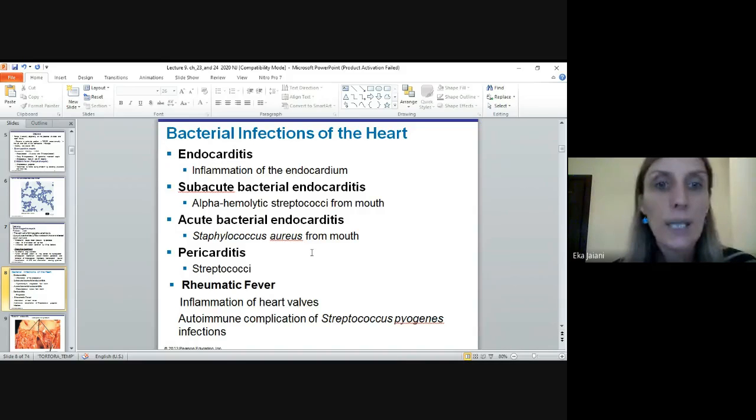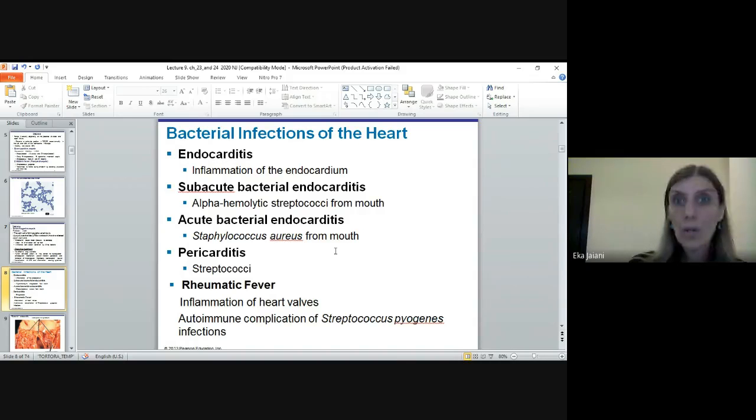What happens in this case is that when a dentist removes a tooth, bacteria such as the viridans group of streptococci, alpha hemolytic streptococci, may be left. We'll discuss them in detail in the near future. They live in the oral cavity. Staphylococcus lives in the respiratory tract and also the oral cavity.